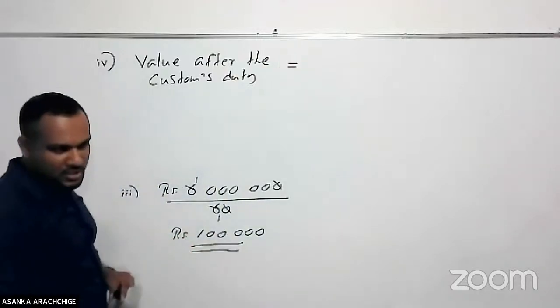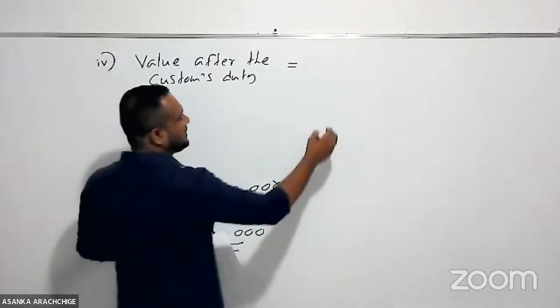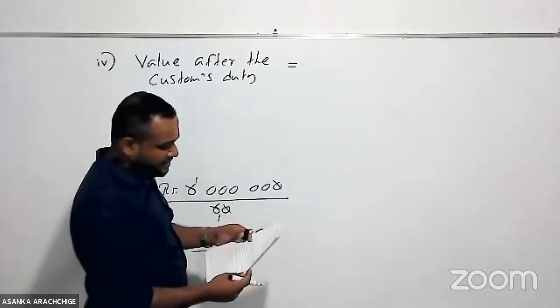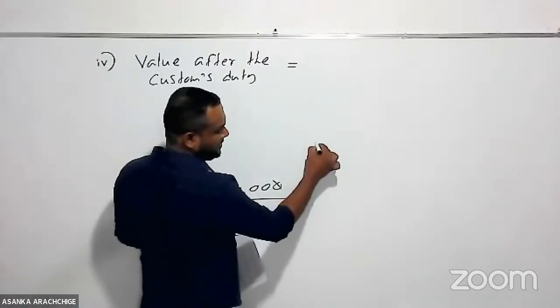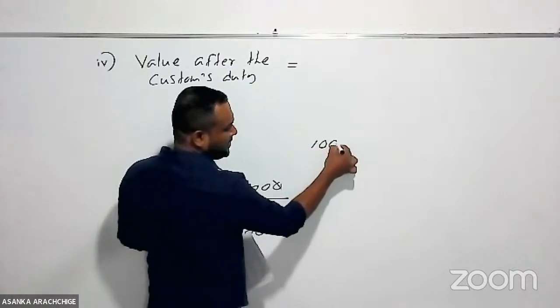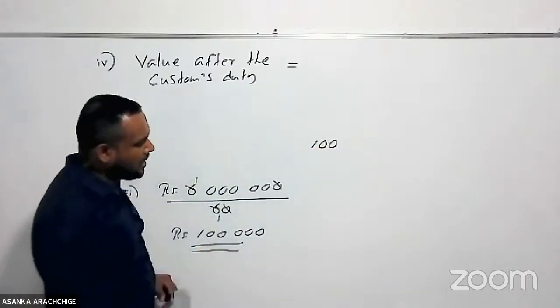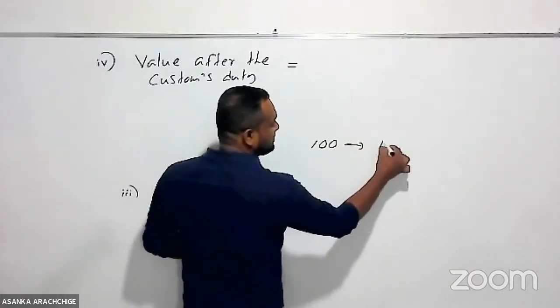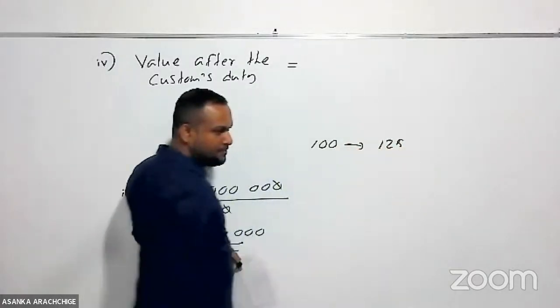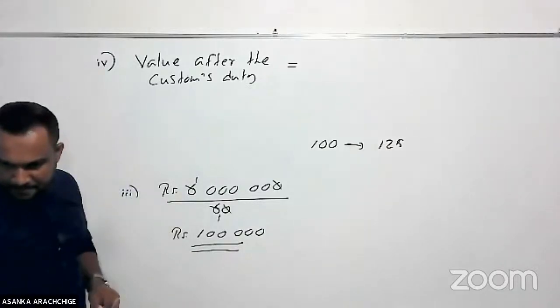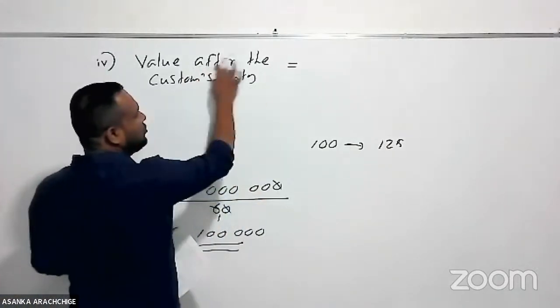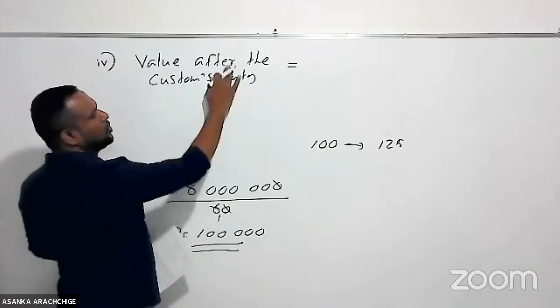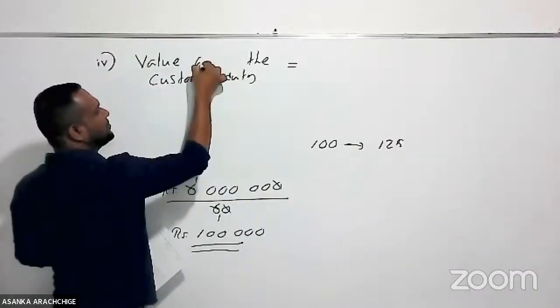The customs duty percentage is 25%, which means if the imported price of the vehicle is 100 rupees, the value after the customs duty must be 125 rupees. Clear?